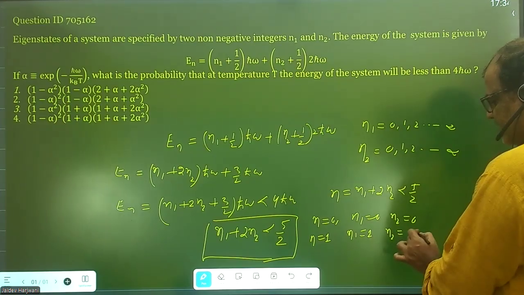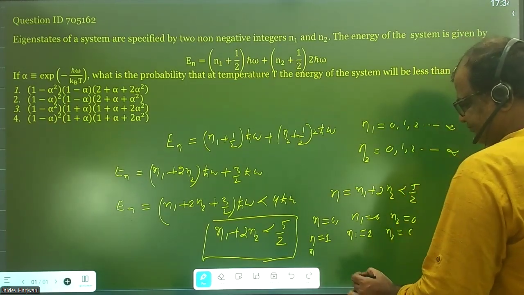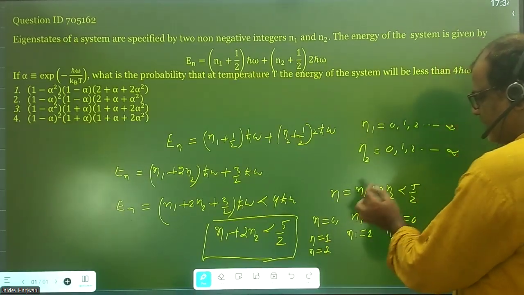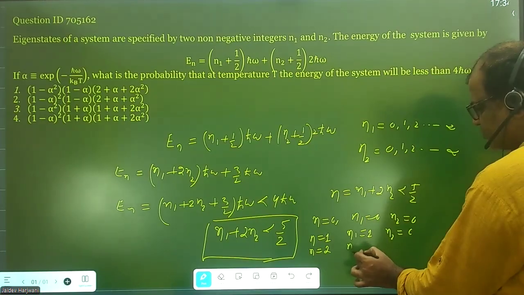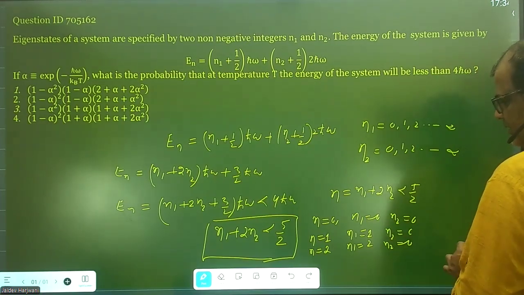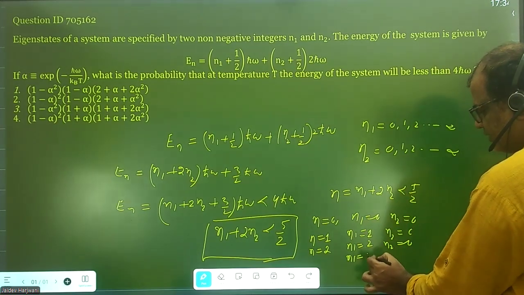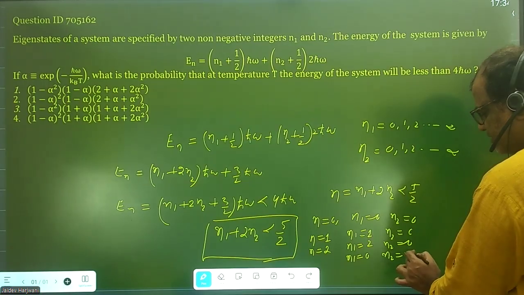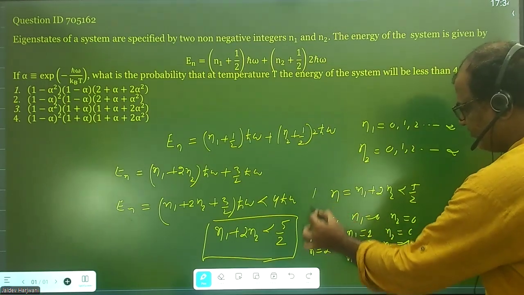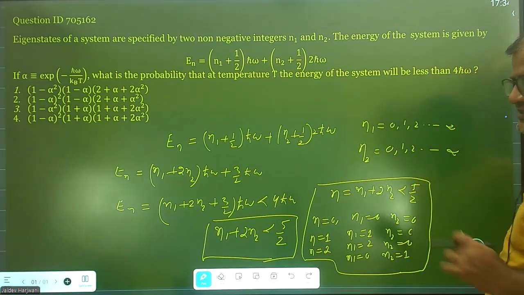Third case, it equals 2: this is possible when n1 is 2 and n2 is 0, and also when n1 is 0 and n2 is 1. So these are the four possibilities that satisfy the limitation that energy should be less than 4ħω.